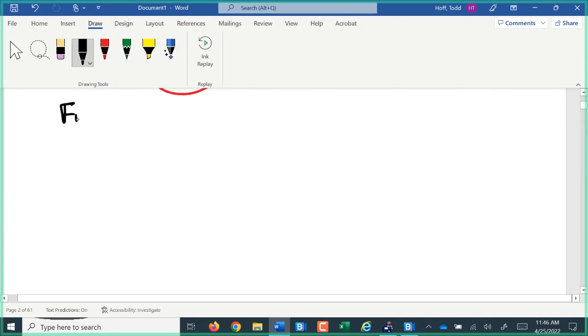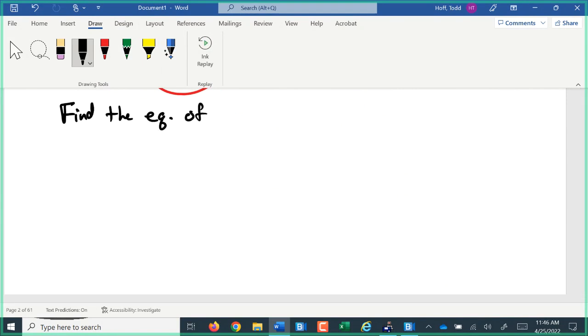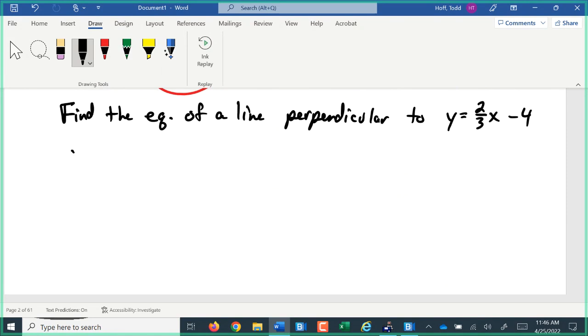We might be asked, find the equation of a line perpendicular to y equals 2/3 x minus 4 and through the point 6, -5.